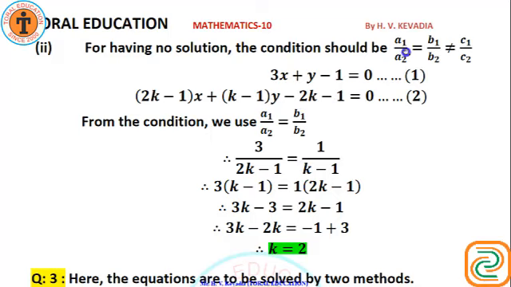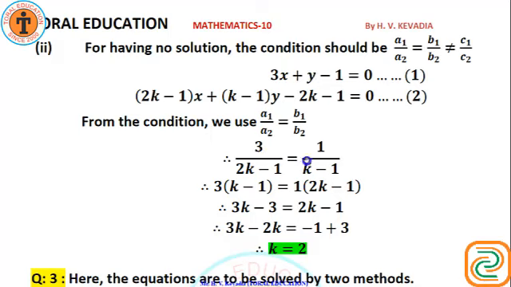Here no solution, that is a1 upon a2 equals to b1 upon b2, right? So I have taken here a1 upon a2 equals to b1 upon b2. a1 means 3, a2 means 2k minus 1, b1 means 1 and b2 means k minus 1.